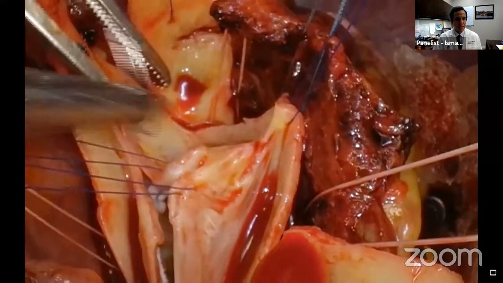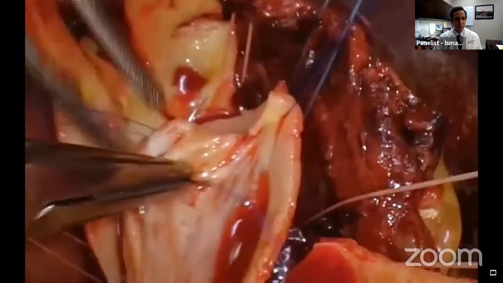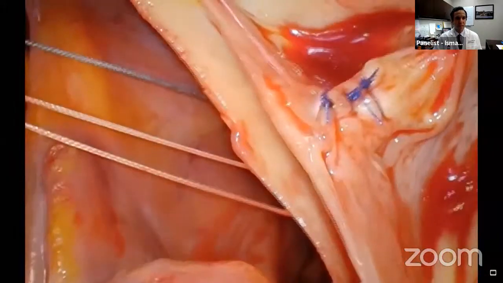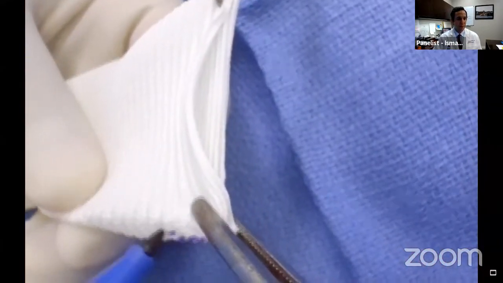And these central plication sutures will do both of these things at the same time. They shorten the length of the free margin and they correct the prolapse. And you can see with the LV vent, when you suck, the leaflets become completely competent after the valve repair.